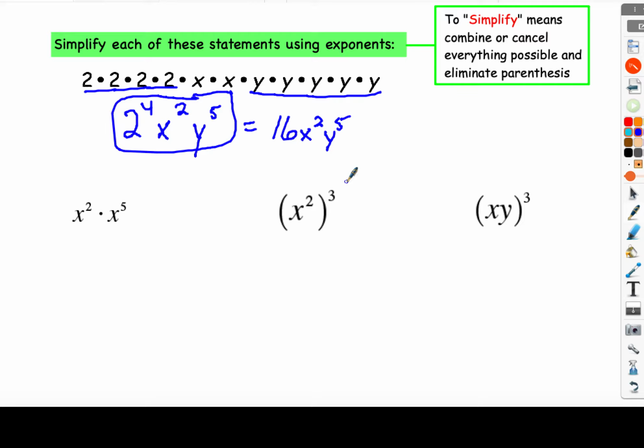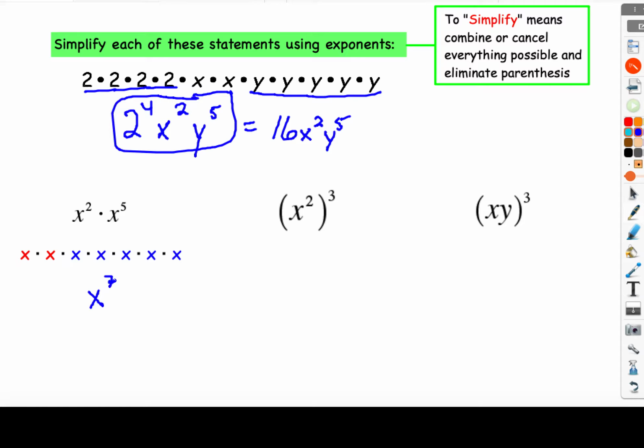Well, if we think about these as expanded ideas, let's come up with some shortcuts. Over here at the left, we're saying x squared times x to the 5th. If we wrote that out in expanded form, we just have 2 red x's there and 5 blue x's. All together, there are just 7 x's all multiplied, which means this is really x to the 7th power.